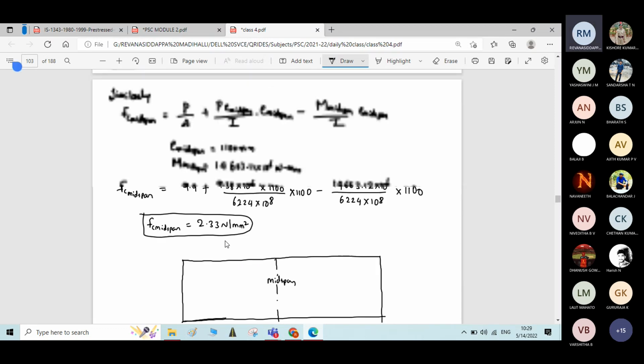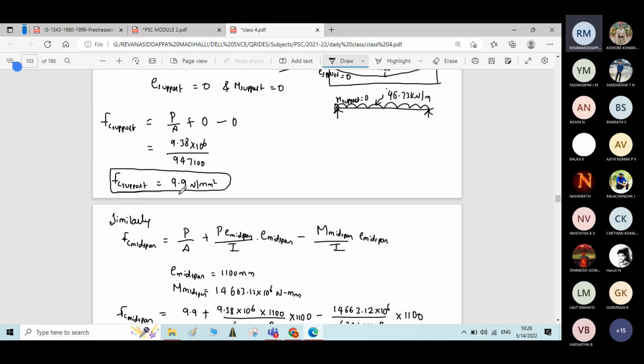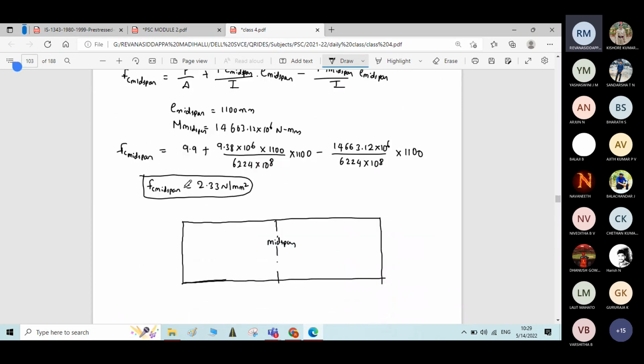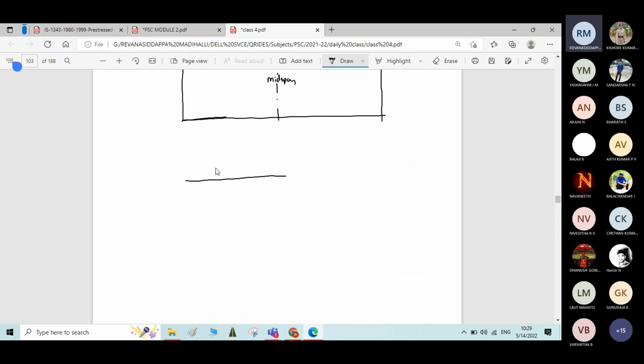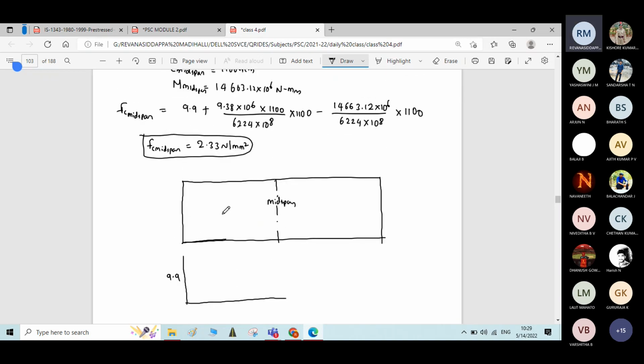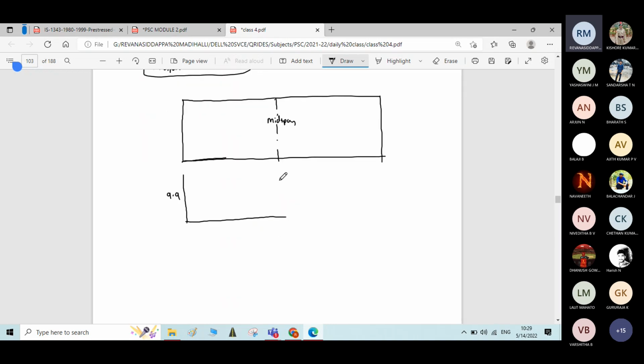We have calculated stress at support, 9.9 Newton per mm square. And stress at the midspan is 2.33 Newton per mm square.